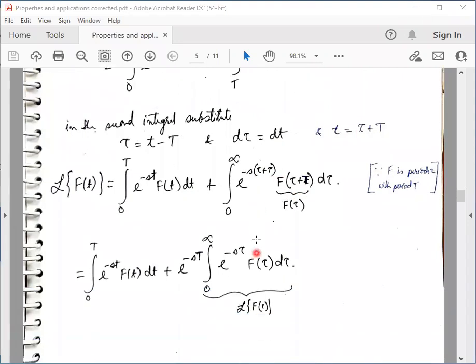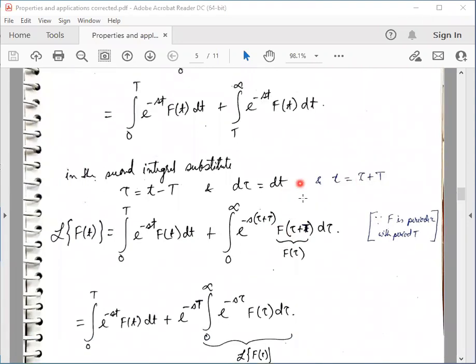Here we should remember that capital T is a constant. When small t is equal to capital T, tau becomes 0. So the lower limit is 0. And when small t is infinity, tau is also infinity, because if you subtract any finite number like capital T from infinity, the answer is always infinity.